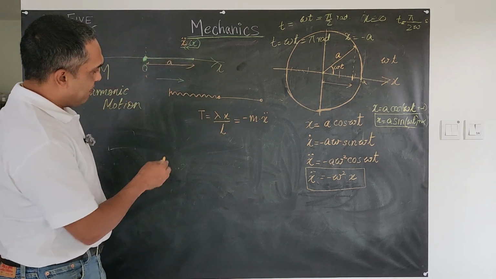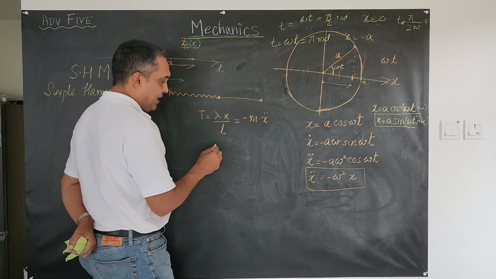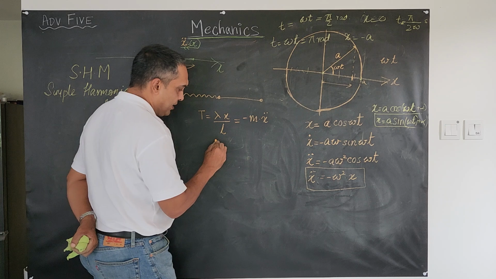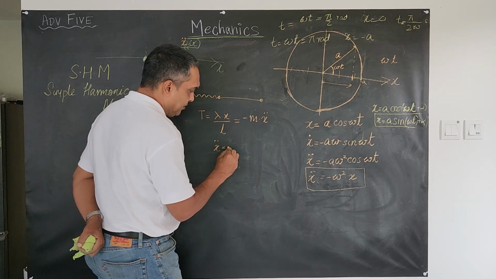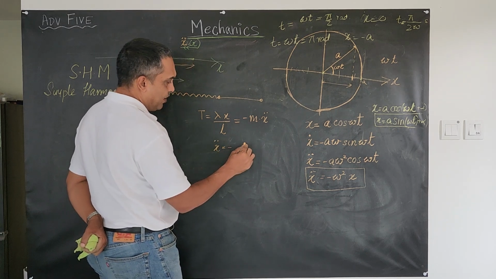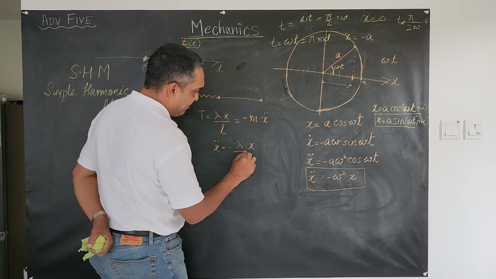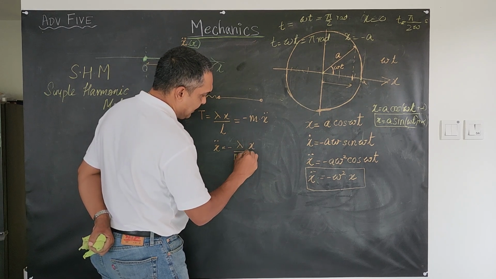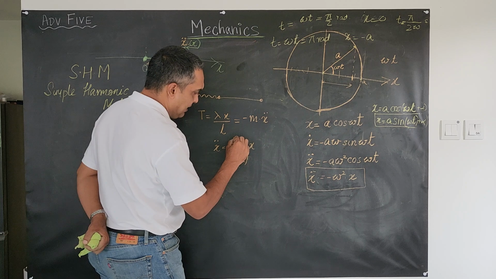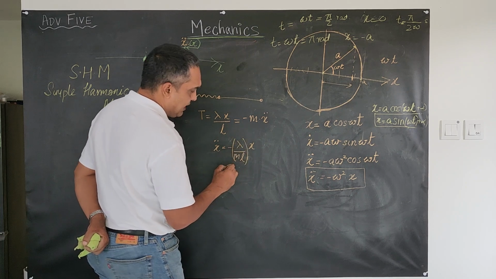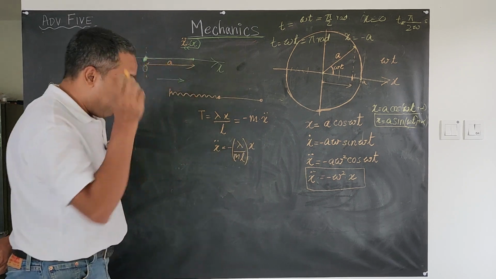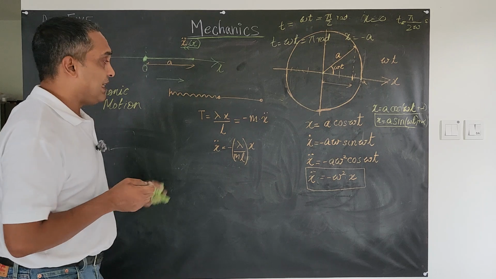So here you can directly see how I've set up that equation to say x double dot is equal to negative. So if you see here, you get the x factored out, and you get lambda divided by ml, a set of constants that now represent here the negative omega square x, right? And that's the relationship.